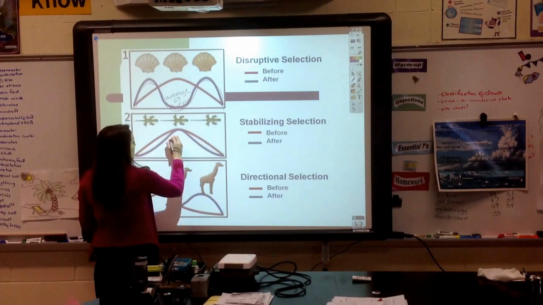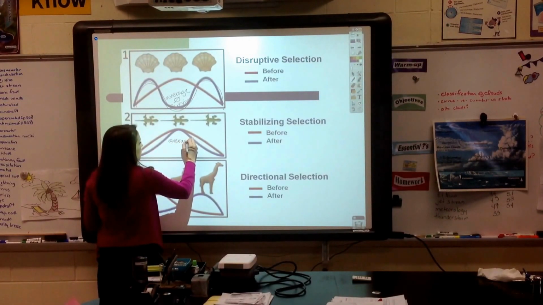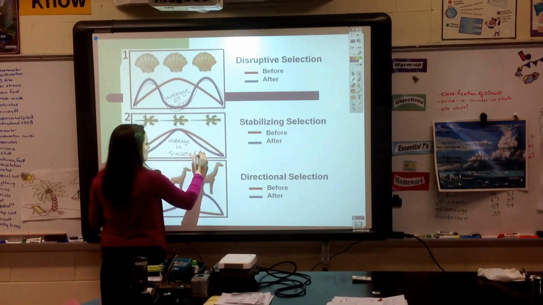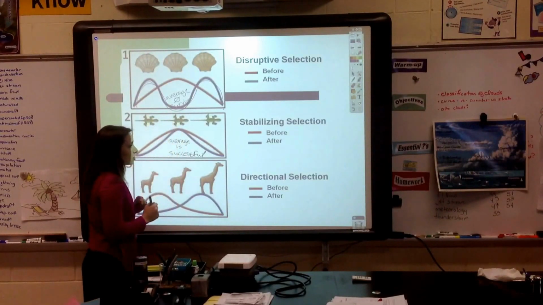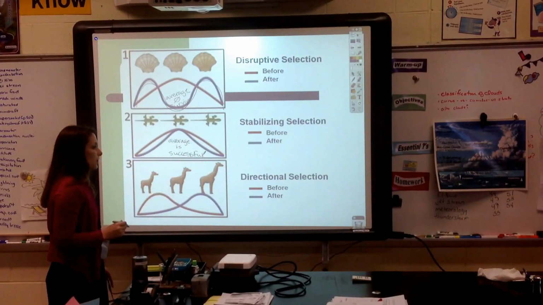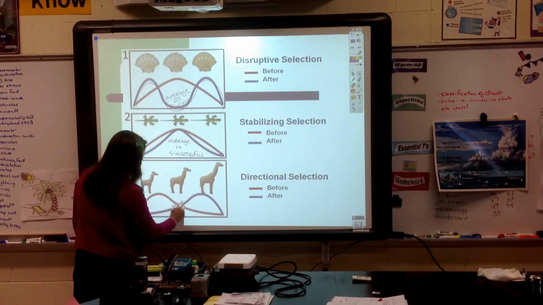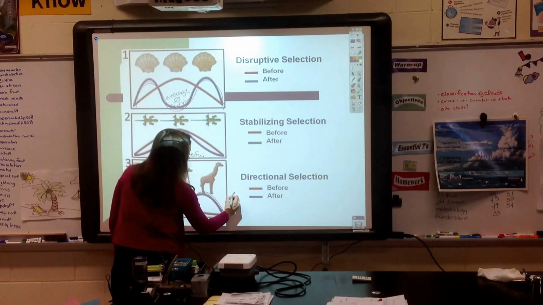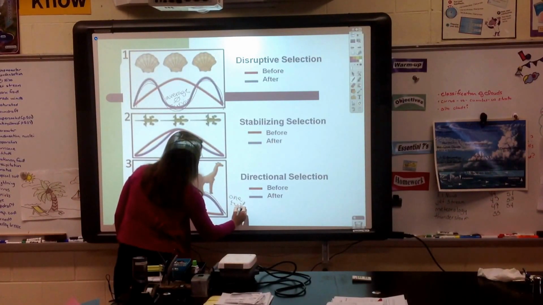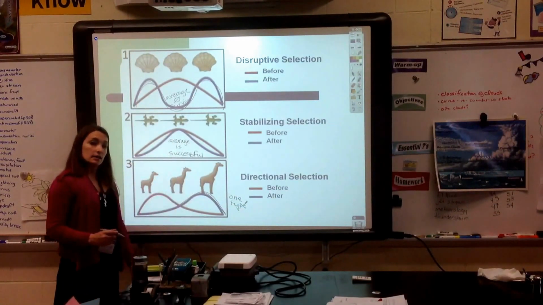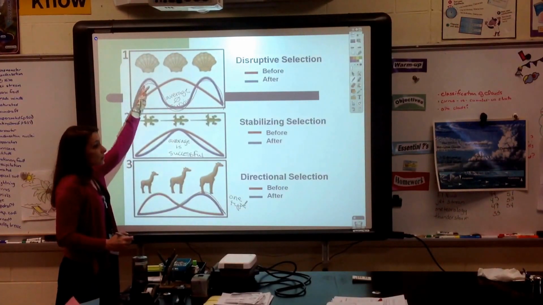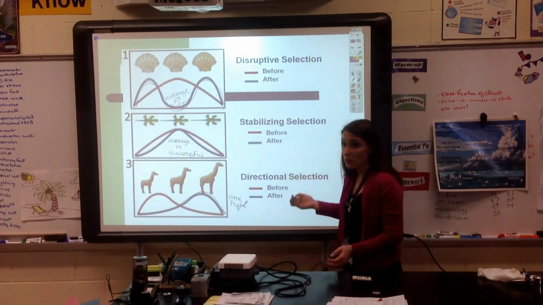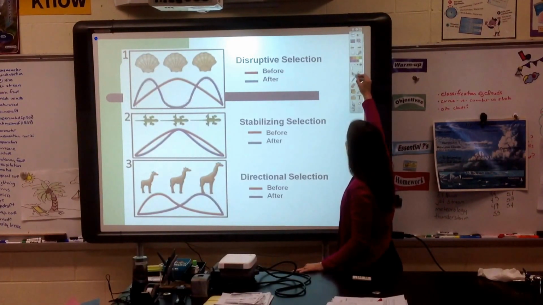Stabilizing selection is where the average is successful. It's better to be the average. And directional selection is where one direction, I want you to trace this pattern. One direction, one type, has the advantage on one end. So we're going to do some examples of disruptive, stabilizing, and directional selection. But these are the patterns that we sometimes see in natural selection.